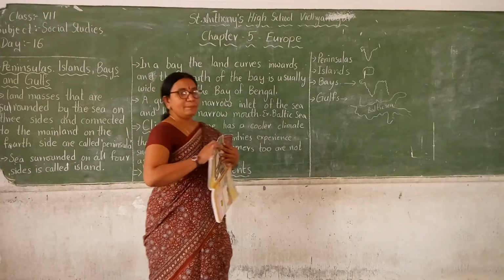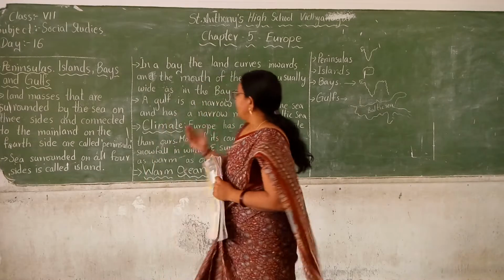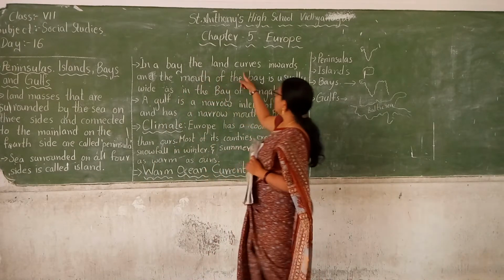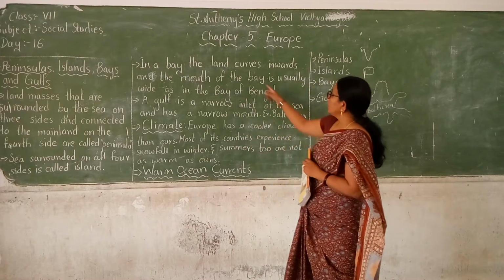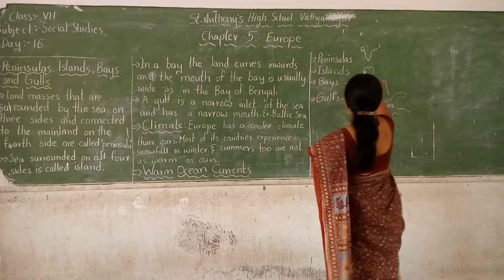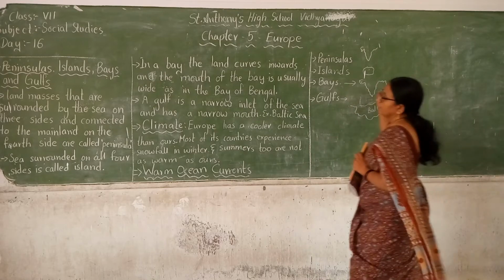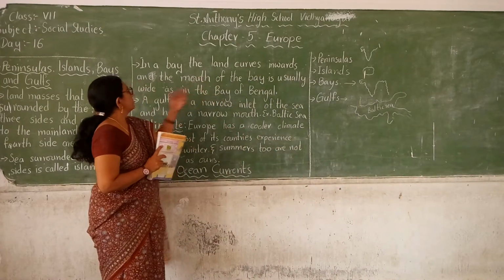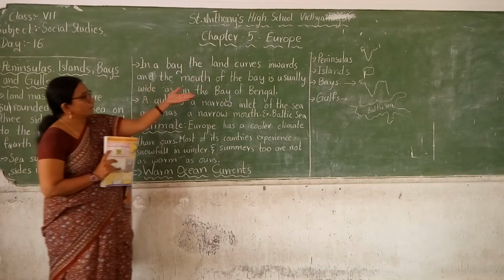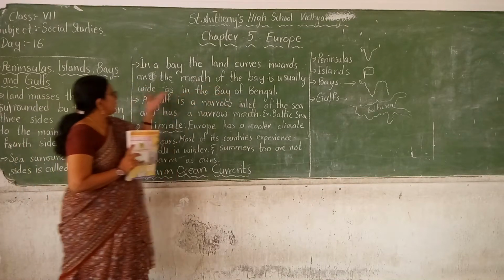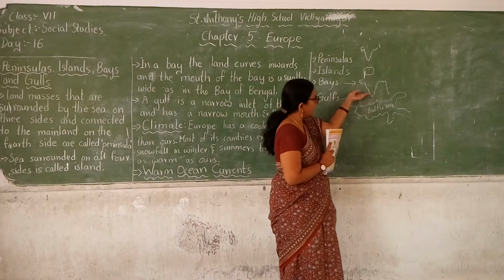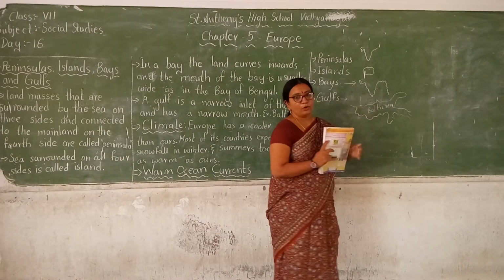What is a bay? In a bay the land curves. The land is curved. You can observe here that the land curves inwards, and the mouth of the bay is usually wide. You can observe here on the India map the Bay of Bengal.